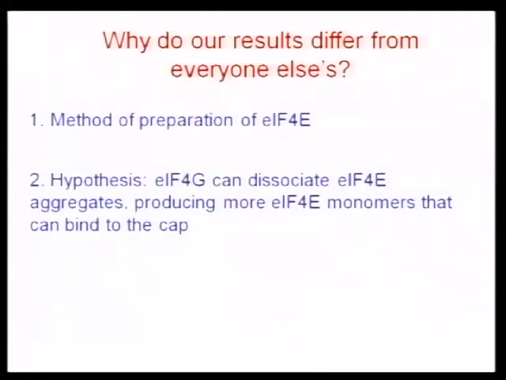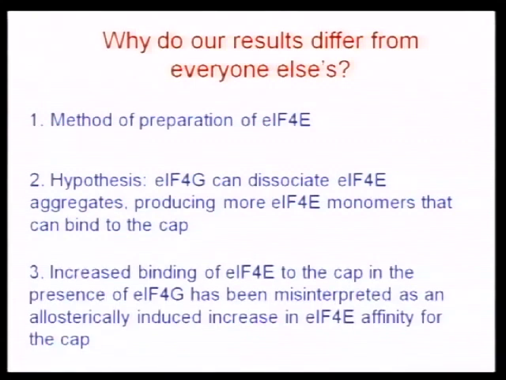So our hypothesis initially was that 4G can dissociate aggregates and produce more 4E monomers that can then bind to the cap. So this made the other authors conclude that it's a two-step reaction, that it first binds and then there's a conformational rearrangement and then you get further binding.